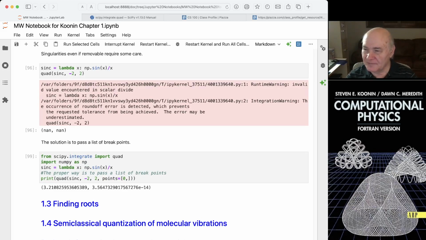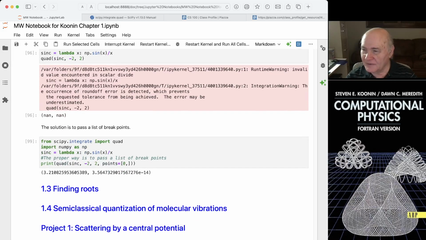So this program here does it very quickly. Import quad, import np, define the function sinc, lambda of x, np.sin(x) over x. And then you do quad: the function sinc, the limits -2 to 2, but you do points, and here I just have 1 point, 0.